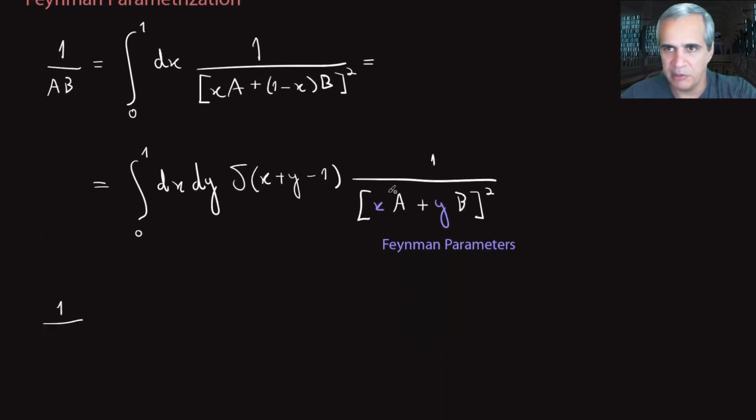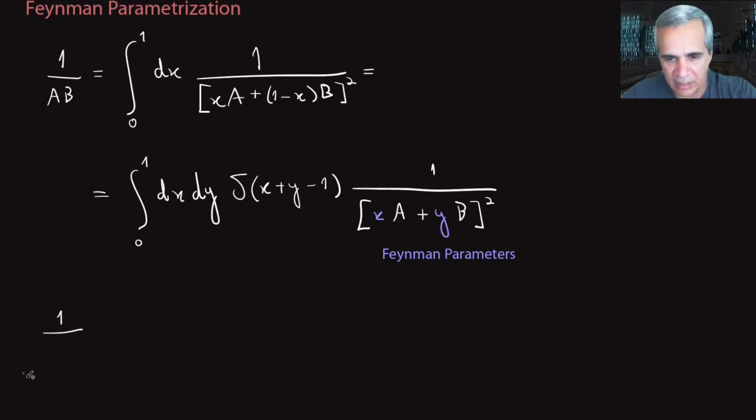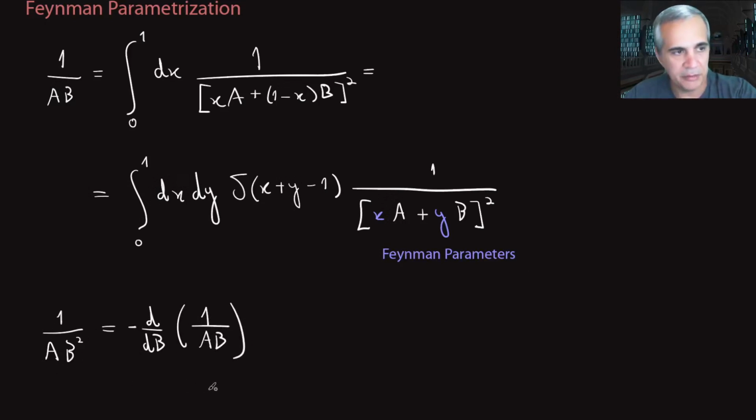So in principle, we would need something like 1 over A B squared. This is easy to get. You just have to differentiate this expression right here in relation to B. So if you take d/dB of 1 over AB, you get that, with this minus right here.